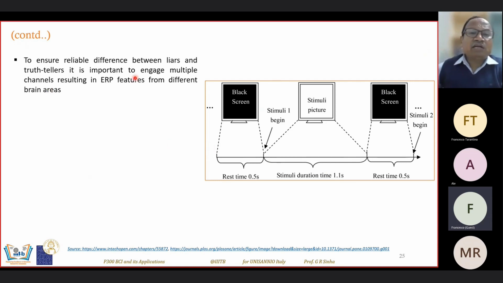To ensure a reliable difference between liars and truth tellers, how do we differentiate, suppose a person who is telling the truth is asked to go through the lie detection test? Remember, it is not a 100% authenticated system. You all know that, but it helps the investigation. What does it do actually? It helps the investigation to get some facts.